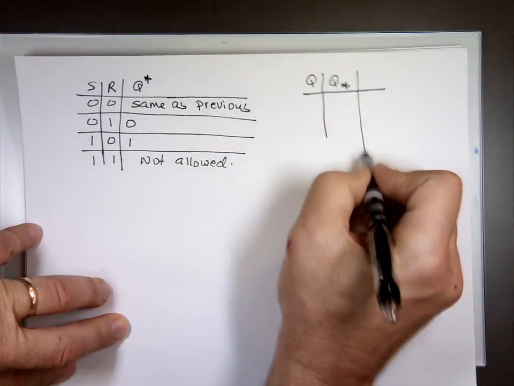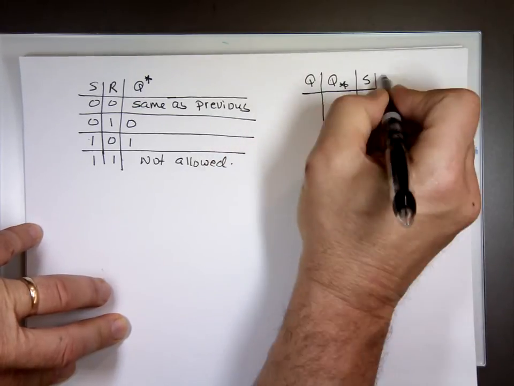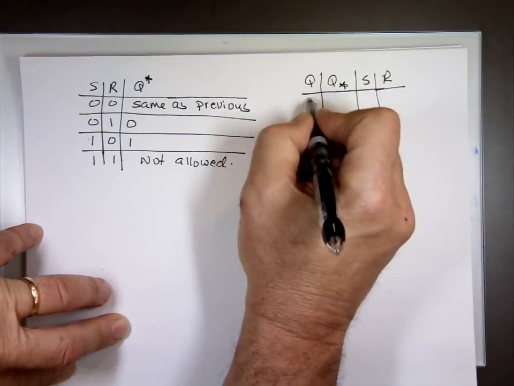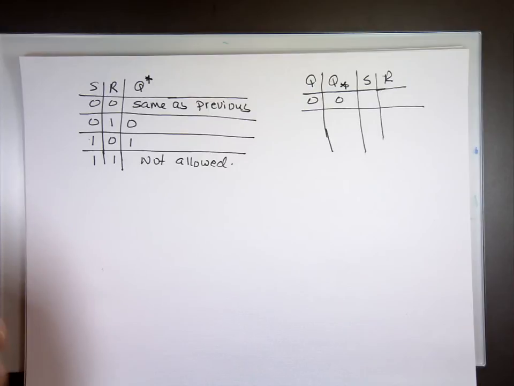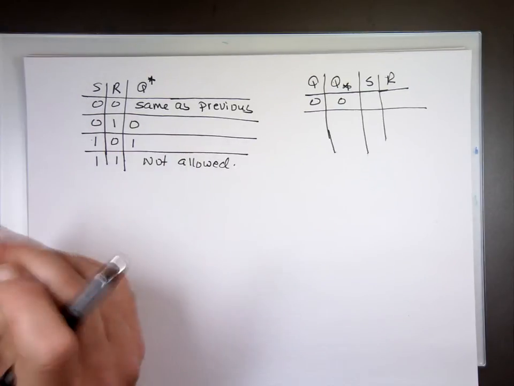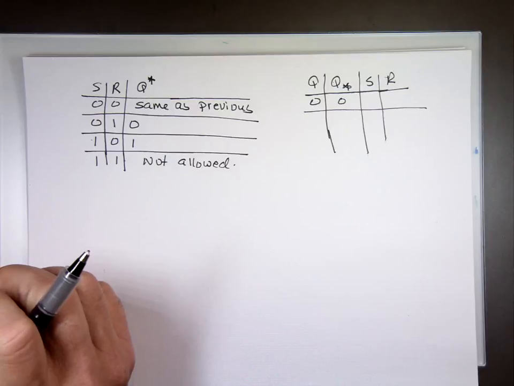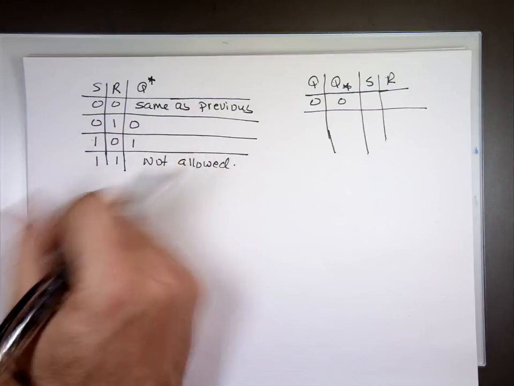What should S and R be? If you go from 0 to 0, that could happen 2 different ways. How do you go from 0 to 0? The same as previous, so 0, 0. It could be 0, 0, that's one way. Or 1, 0, right? 0, 1 also will make it go to 0, because that's a reset.